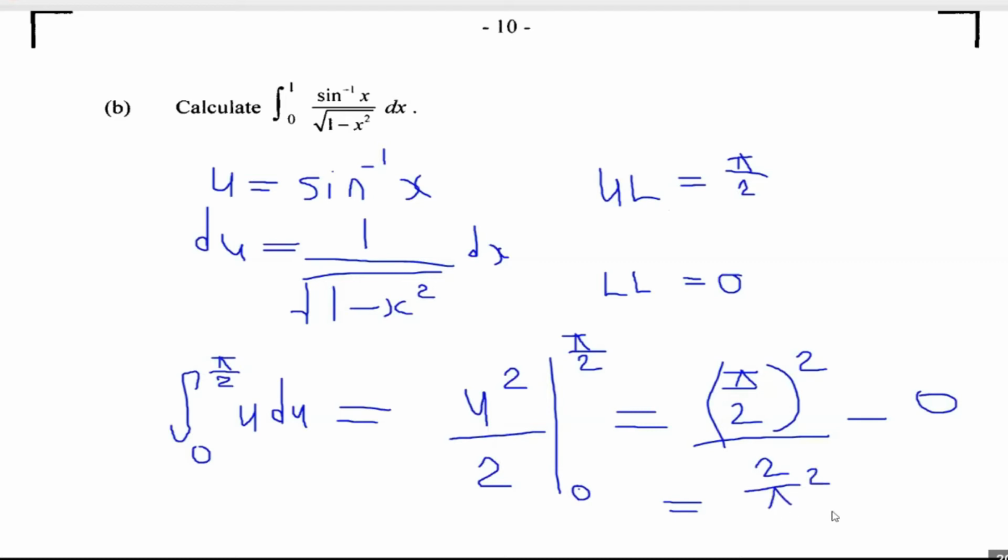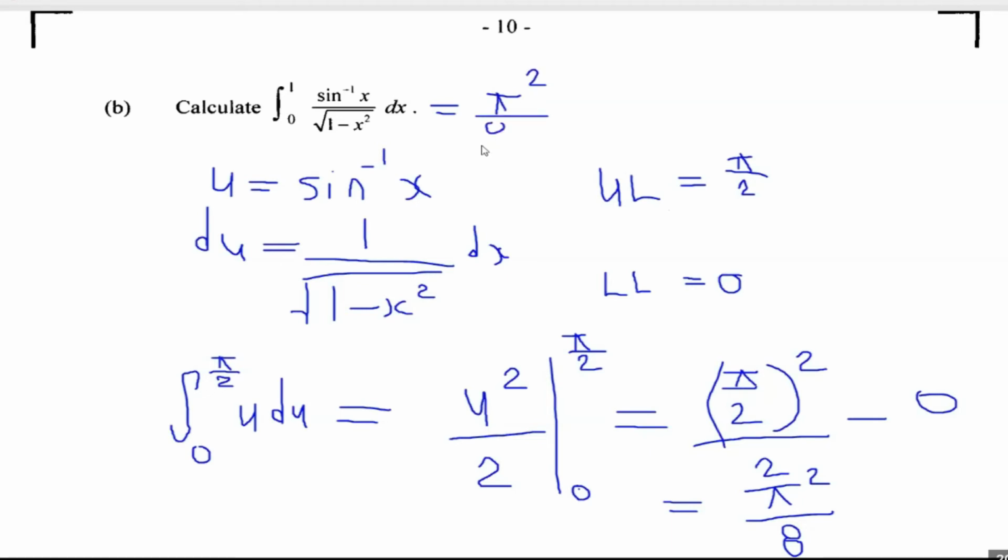That's the final answer I'm getting, pi squared over 8. Two squared is 4, and dividing by 2 is multiplying by a half. Easy, soft, with a capital T.